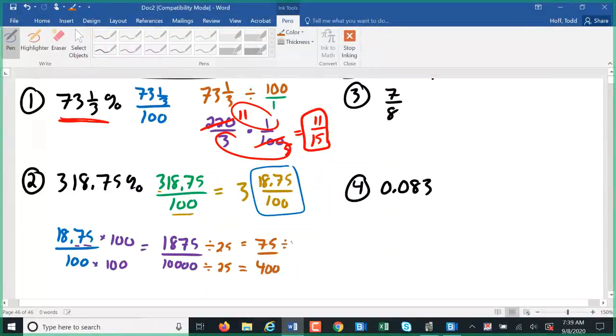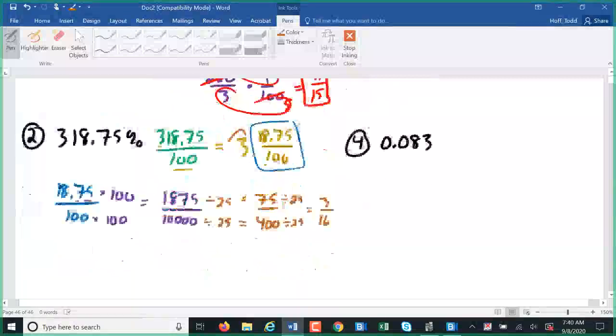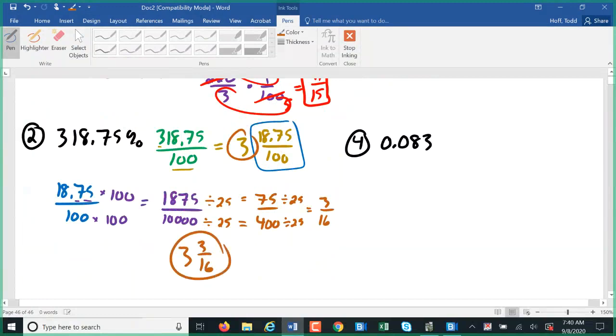Well, both of those can still be divided by 25. 75 divided by 25 is 3. 400 divided by 25 is 16, and that's as far as it can go. But we do have to remember the whole number up here. That is 3 and 3/16. So in fractional form, 318.75% becomes 3 and 3 out of 16.